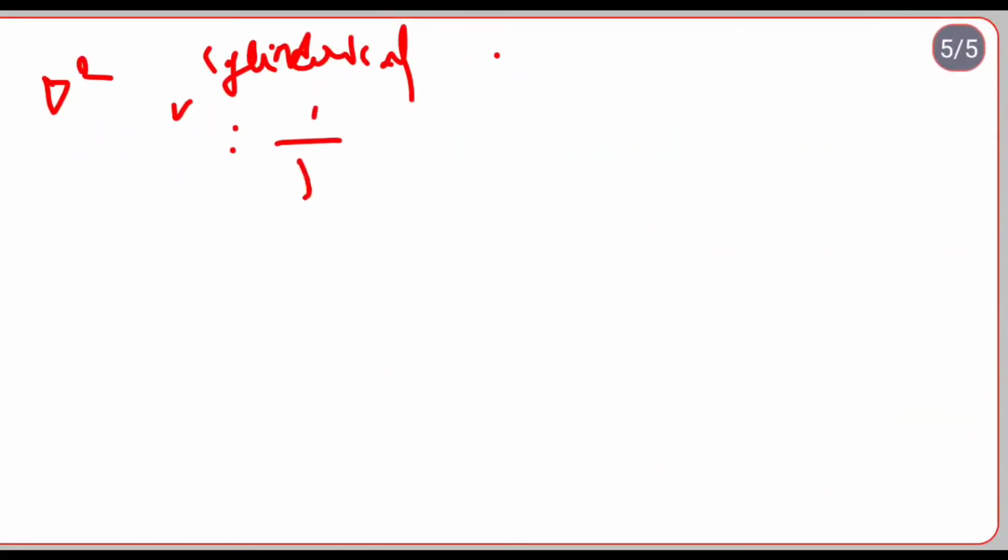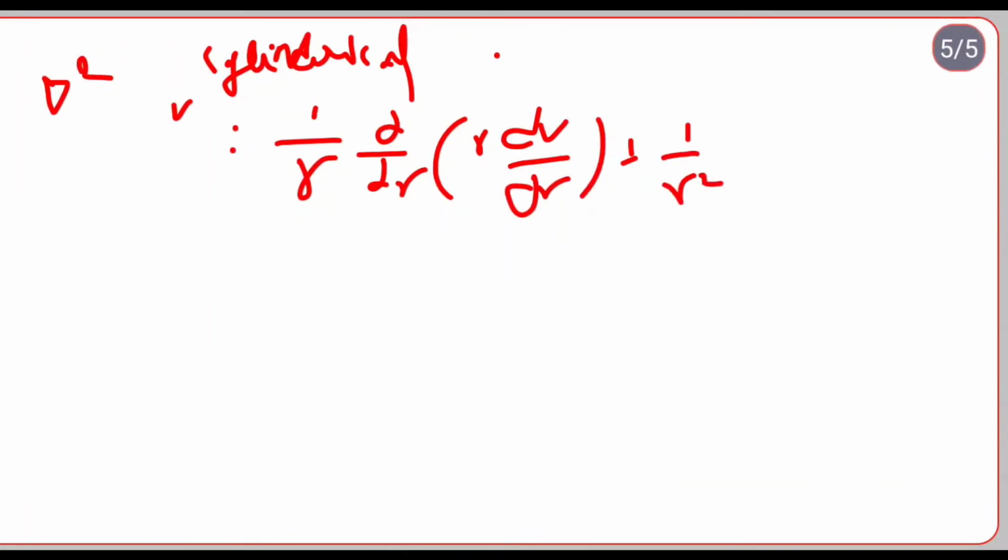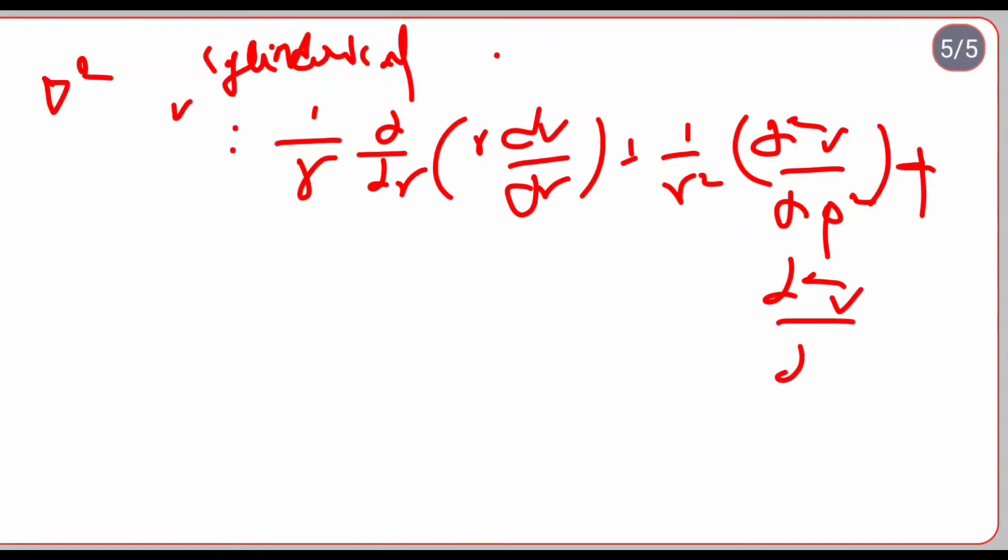In cylindrical form, in the cylindrical coordinate system, del square V equal to 1 by r dou by dou r of r dou V by dou r plus 1 by r square dou square V by dou phi square plus dou square V by dou z square equal to 0.